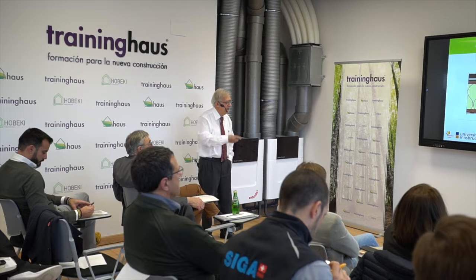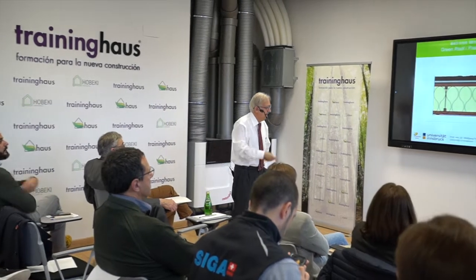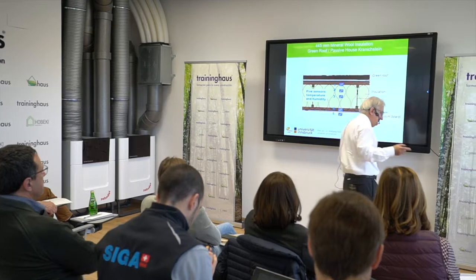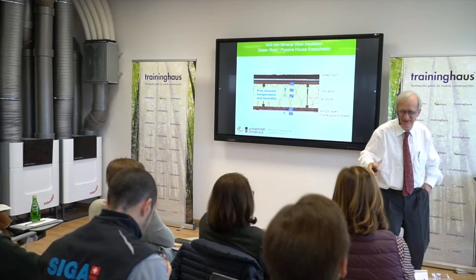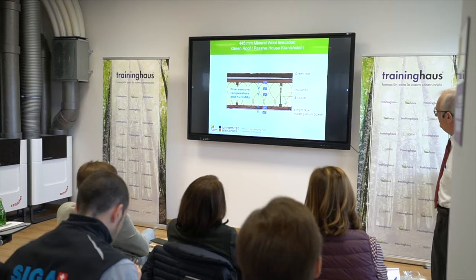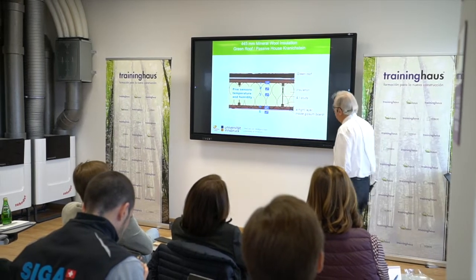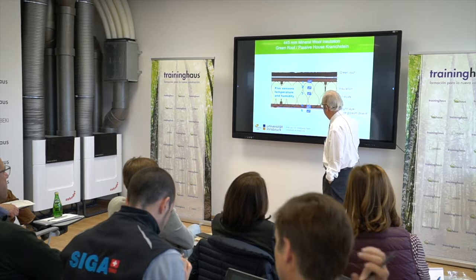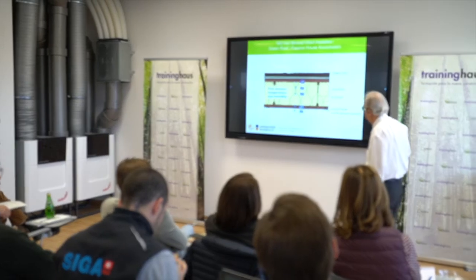Okay, so now this is our construction. I already showed that. Now we installed some measurement devices. That was the theory. Now let's look into the practice. What's really happening? We installed some humidity and temperature measurements in the insulated construction this way.